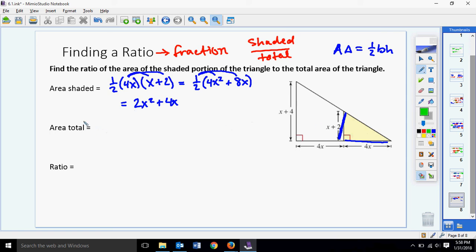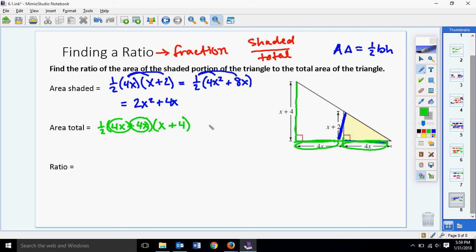Now let's find the area of the total triangle. Again, it's 1/2 the base. Well, the base of this is cut in two pieces. It's cut into 4x and a 4x. So I'm going to add the 4x's so I get the length of that entire base times the height, which is x plus 4. I'm going to combine like terms here.